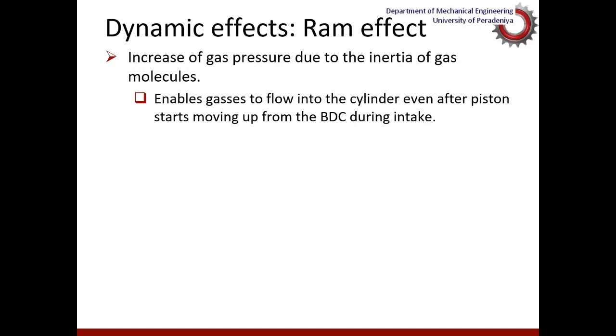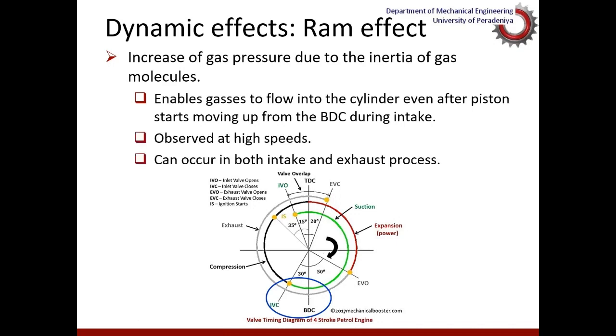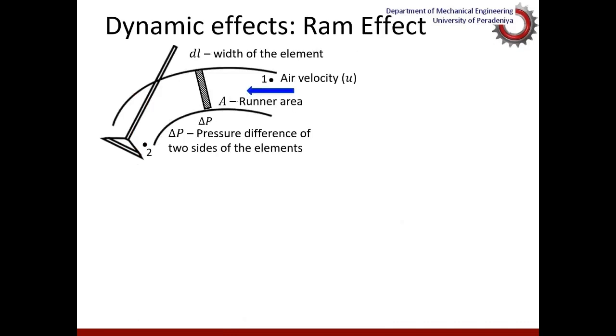But at high speeds, there is an advantage of doing that because as a result of this ram effect, or the inertia of the gas molecules coming in, that momentum drives more air into the system. So that is called the ram effect. It usually happens when the piston starts moving up from the bottom dead center at high speeds, and this can occur in both the intake and exhaust process.